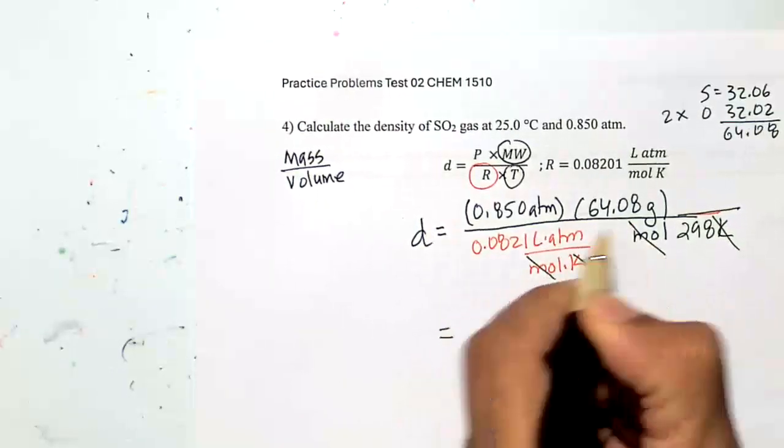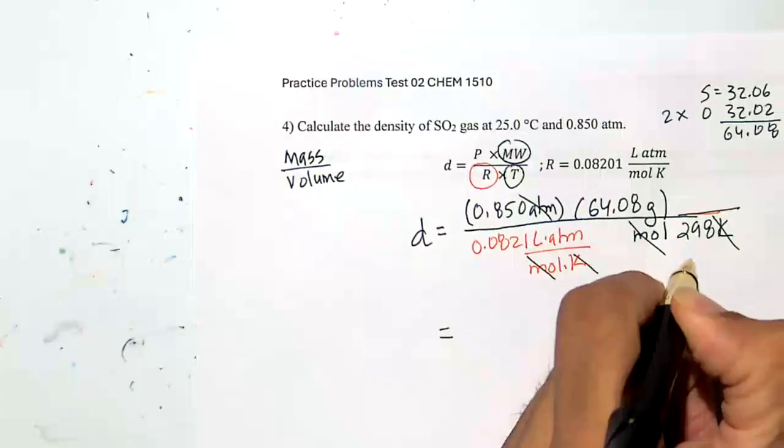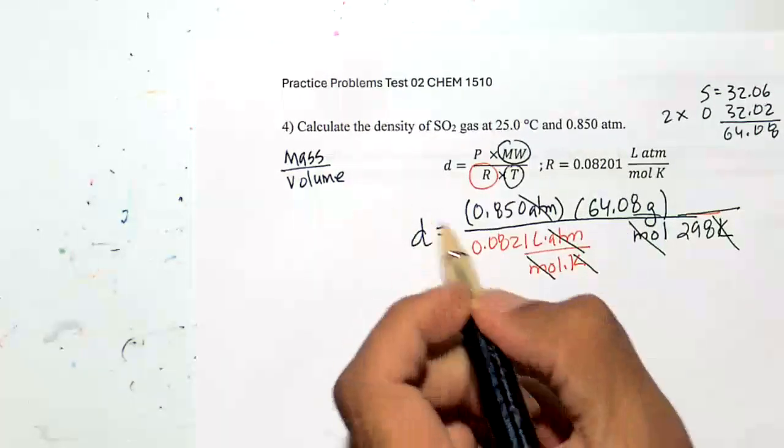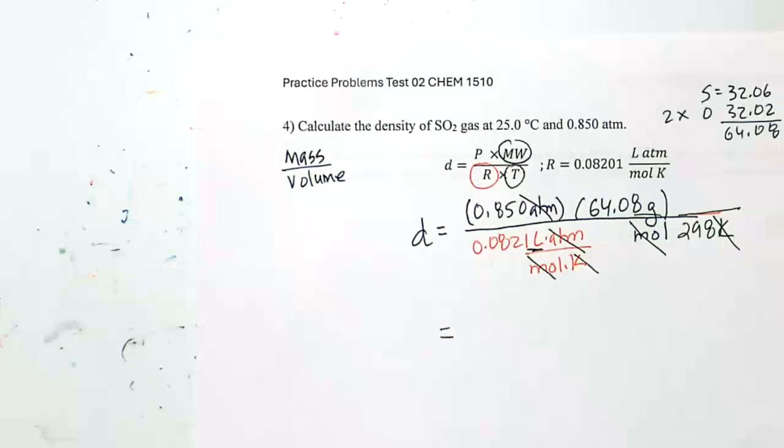Kelvin cancels, moles cancels, atm cancels. We get mass in grams over volume in liters, and this will be the answer.